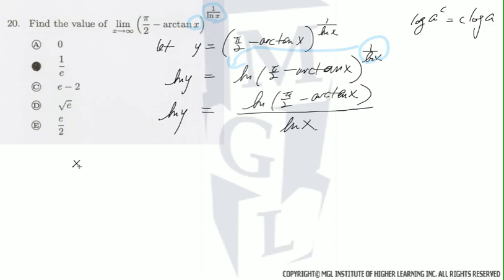Now, as x approaches infinity, from the numerator we have arctan is approaching pi over 2. Then we have pi over 2 minus arctan x is approaching 0 from the positive side, which means ln of that same thing inside will approach minus infinity.